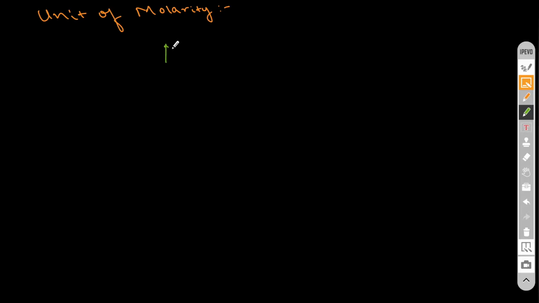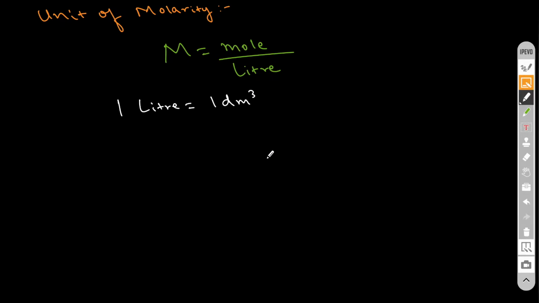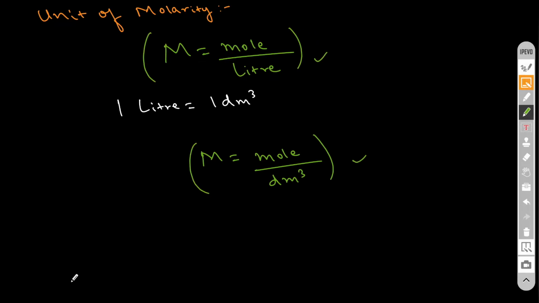We know molarity is basically mole per liter, right? 1 liter is equal to 1 decimeter cube. So we can write molarity as simply mole per decimeter cube. So we can use both these units.